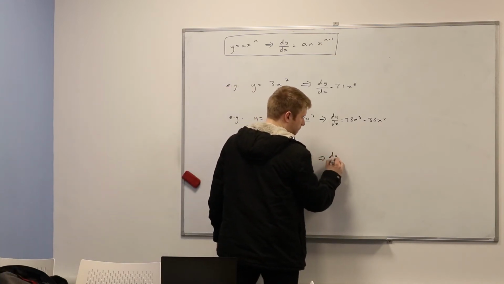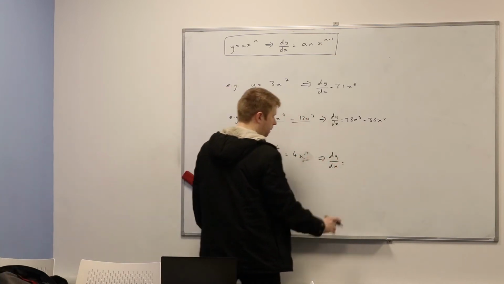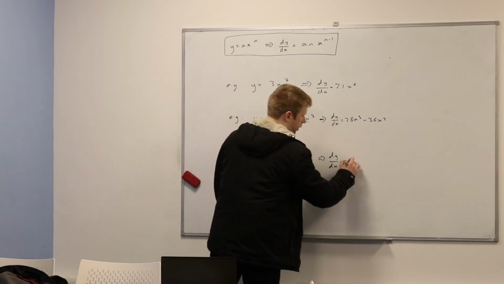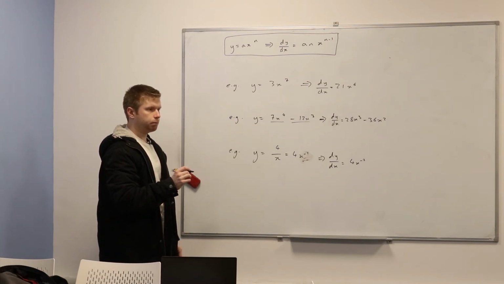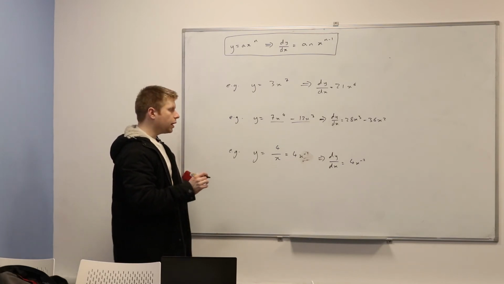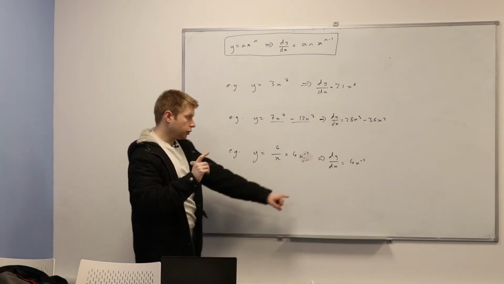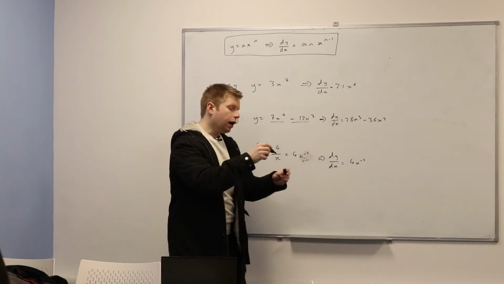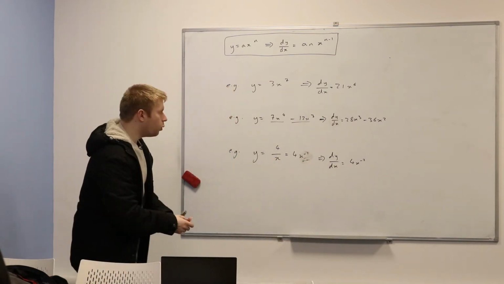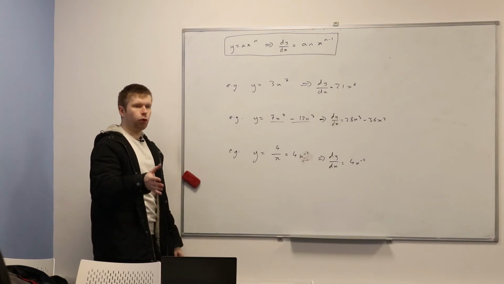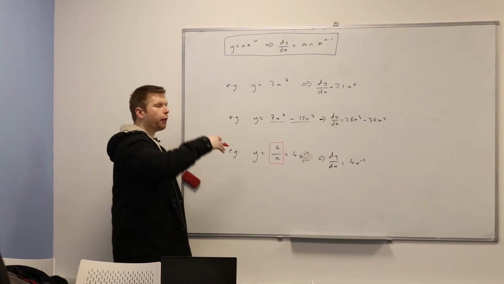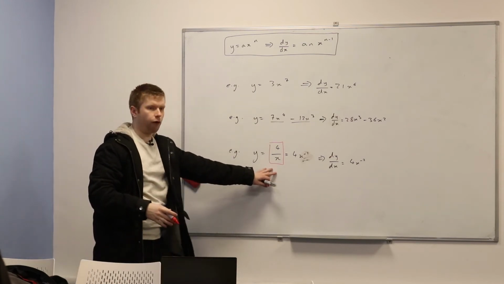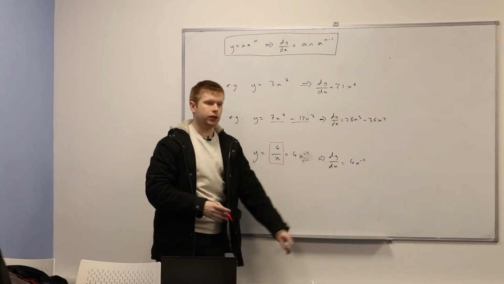What do you get? Negative 4x to the power of negative 2. Now, are you going to leave your answer like that? Why wouldn't we? We need to write dy by dx equals that. But, and this is what I always say to people, always leave it in the same form that you were given it in. Because I gave it to you without any negative powers, as fractions, you have to leave your answer in the same form.